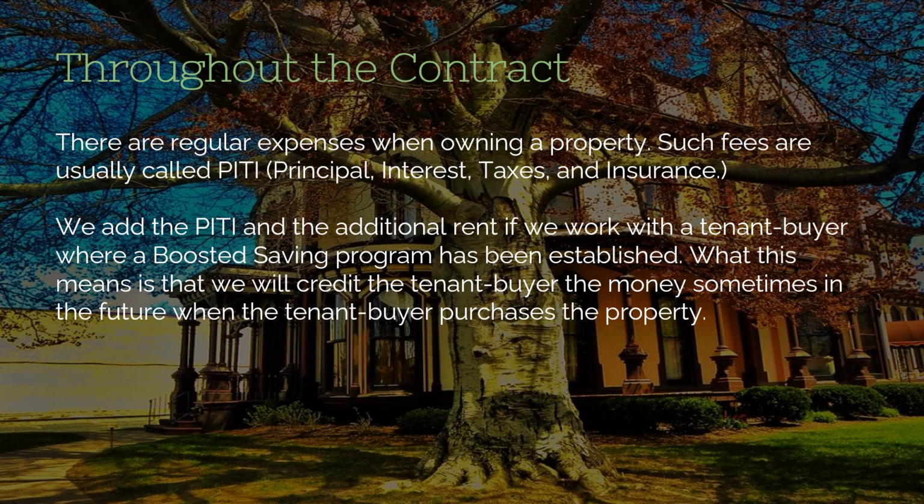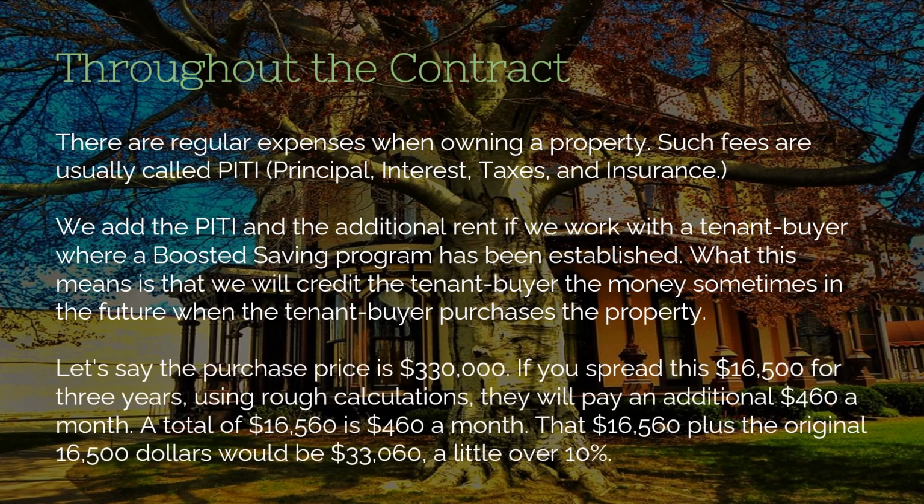This helps the tenant buyer because they can genuinely see the system speeding up the accumulation of their deposits. So let's say the total cost of PITI is $1,600, for example, and the tenant buyer is buying the house at $100,000 with the added appreciation. After 3 years, it's going to be $330,000 or $340,000 after 2 or 3 years.